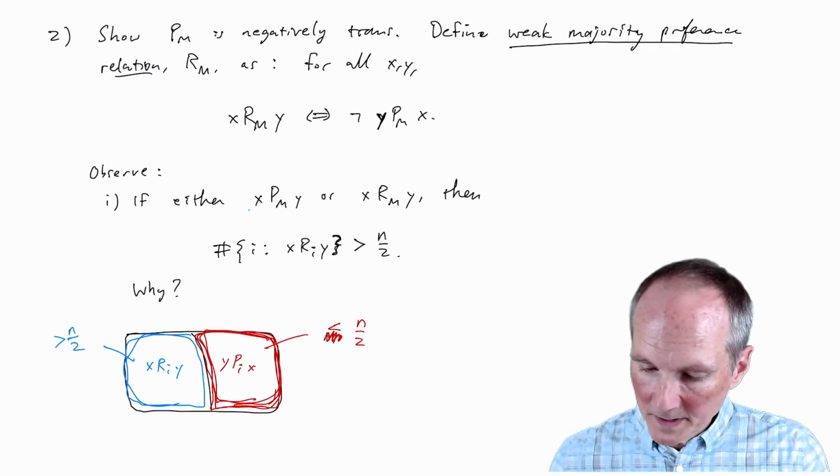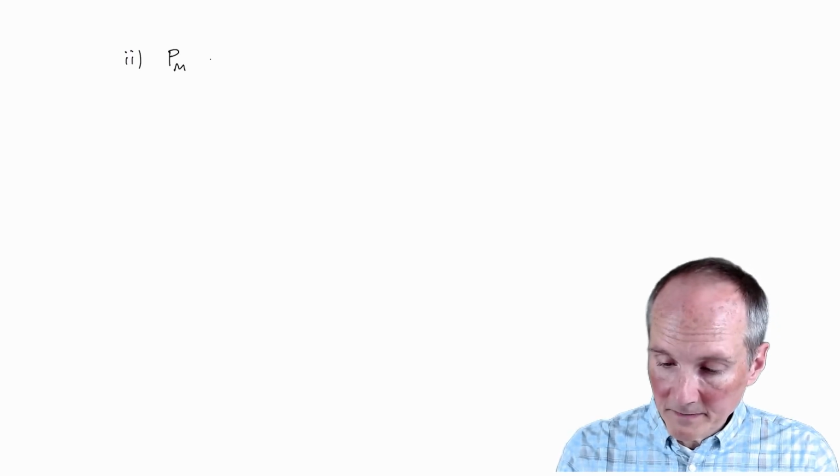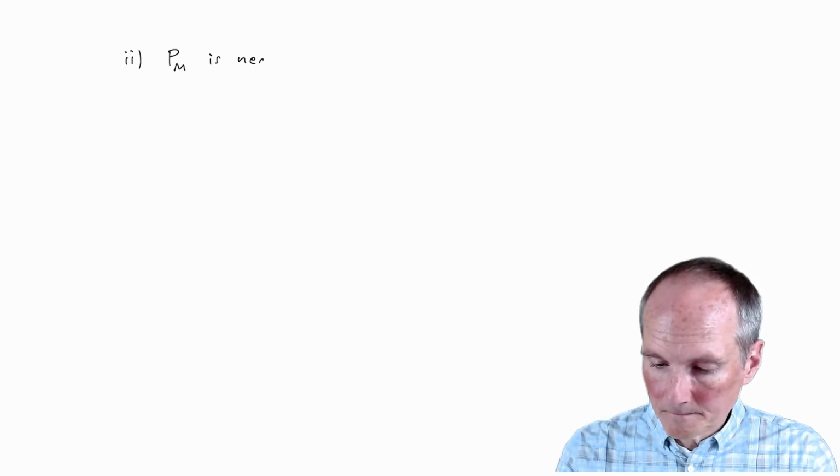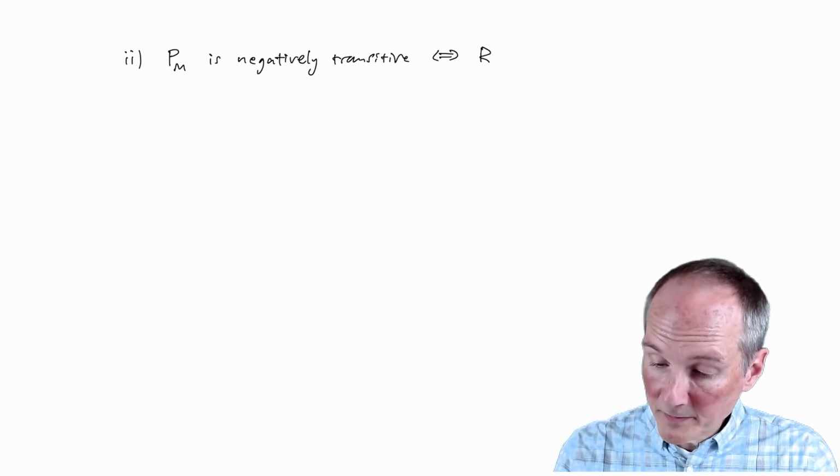The next observation is that the majority preference relation is negatively transitive if and only if the weak majority preference relation is transitive.